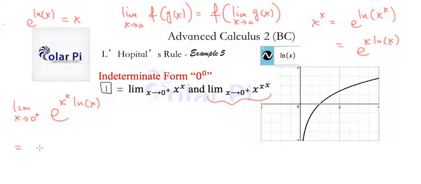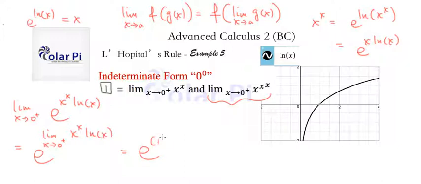We can write this as e to the limit as x goes to 0 from the right of x to the x times ln of x. This is going to equal e to the limit of x to the x as x goes to 0, which we just did, is 1.